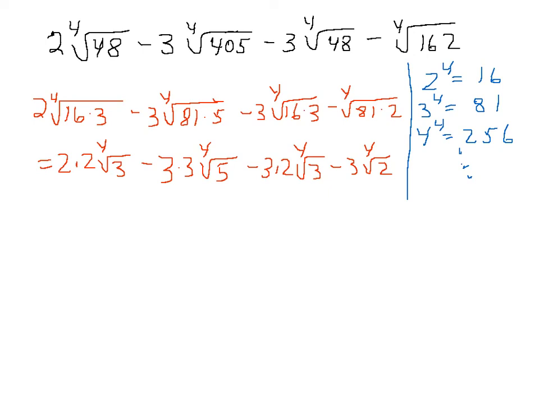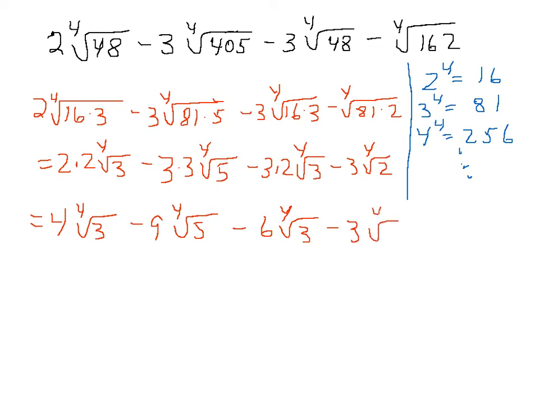So this gives me 4 times the fourth root of 3 minus 9 times the fourth root of 5 minus 6 times the fourth root of 3 minus 3 times the fourth root of 2.